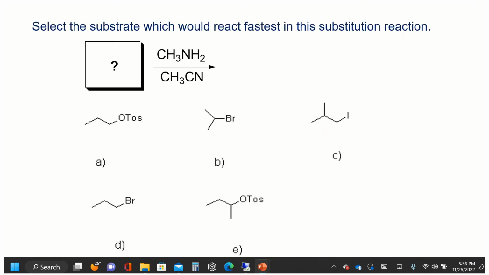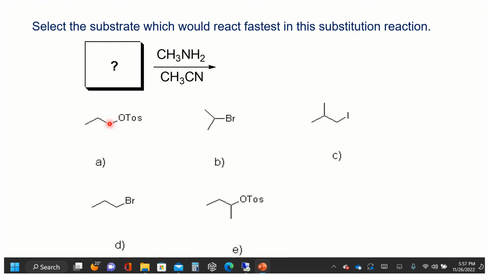So a question like this would be quite easily answered because we already mentioned how much faster the tosylate is as a leaving group. So it's either A or E. Yes, in this case here, we have a primary alkyl halide versus a secondary, primary tosylate versus secondary tosylate.